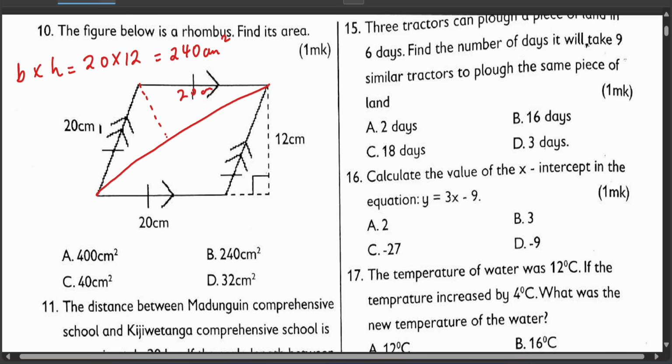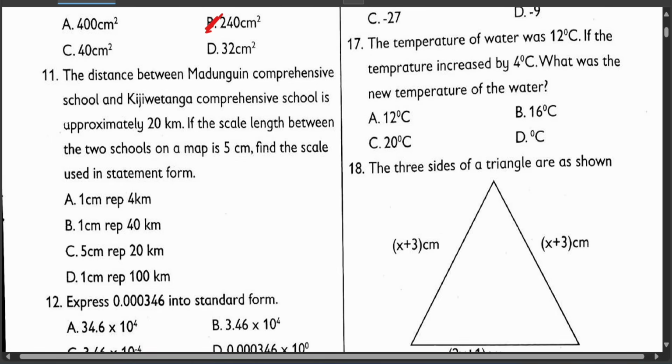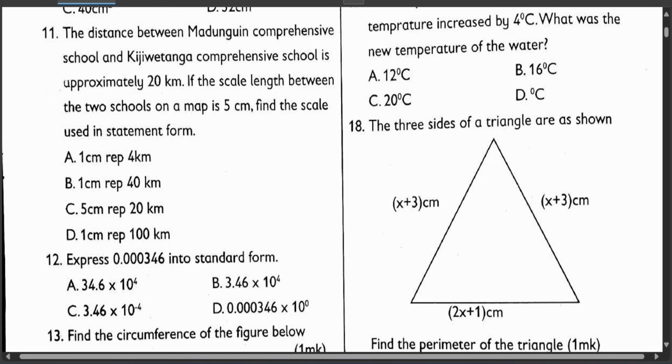But still hujui, kweli ngumu sasa kupata pia. So wacha tuache hapa. So your base times your height ambayo ni 240 centimeter square. Ni sawa tu na parallelogram. Sometimes utapewa diagonal, utatumia hiyo diagonal 1 times diagonal 2 divided by 2.